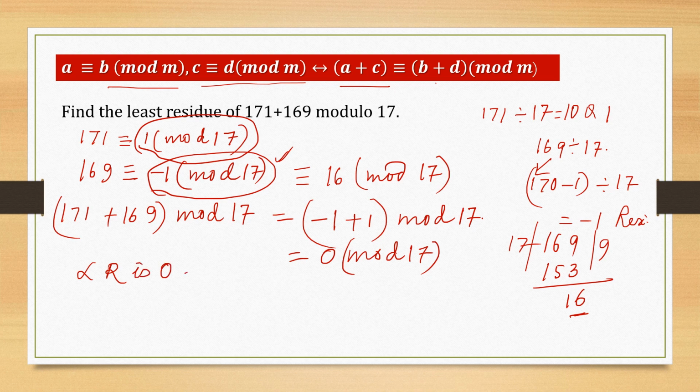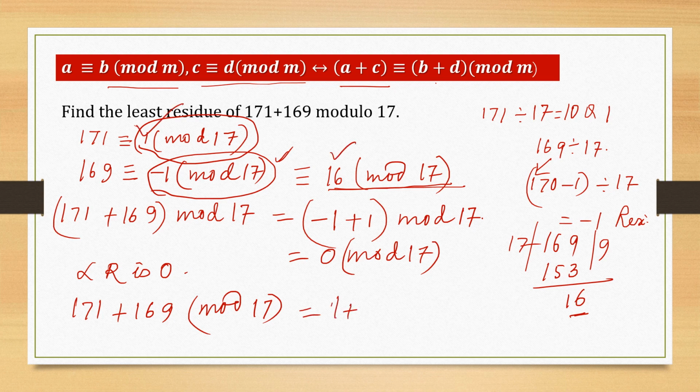Now coming to this one, I could have taken this also. It will be the same: 171 plus 169 modulo 17 is equal to 1 plus 16 modulo 17, that is equal to 17 modulo 17.